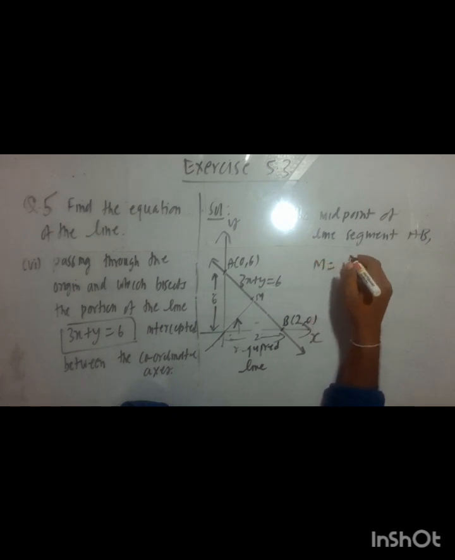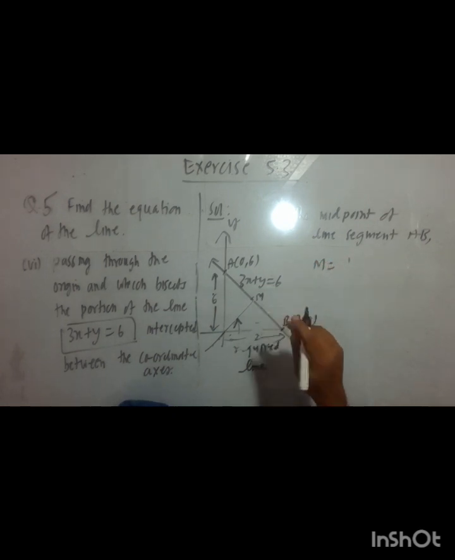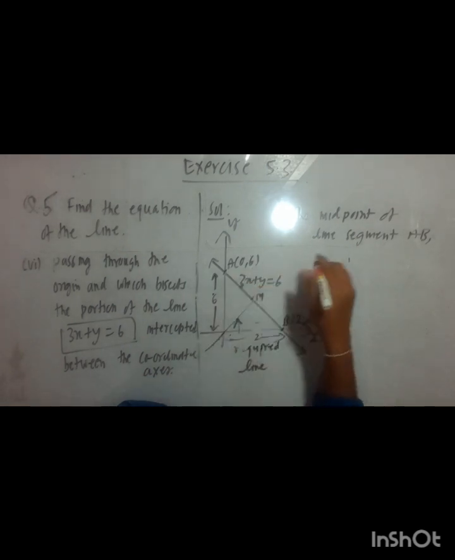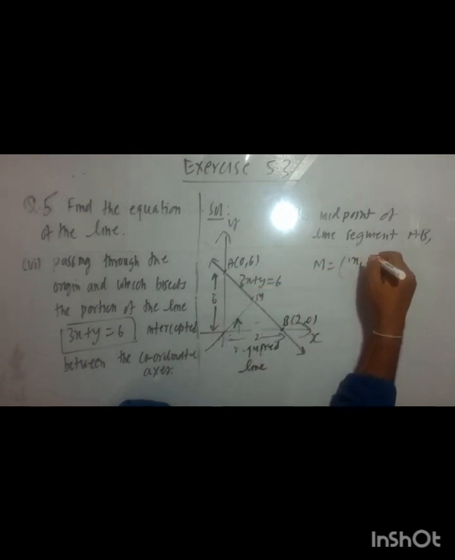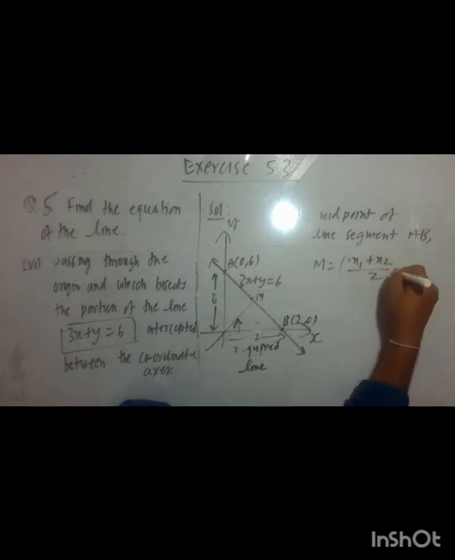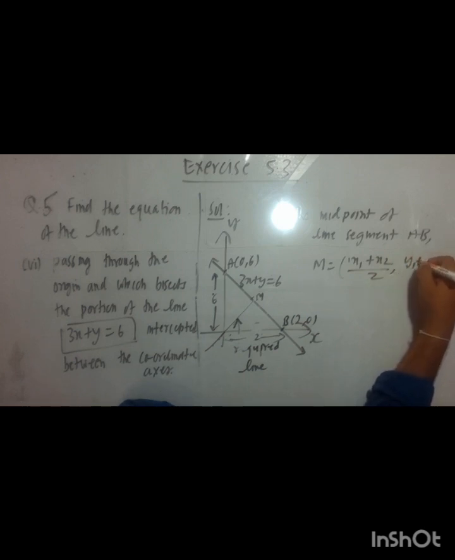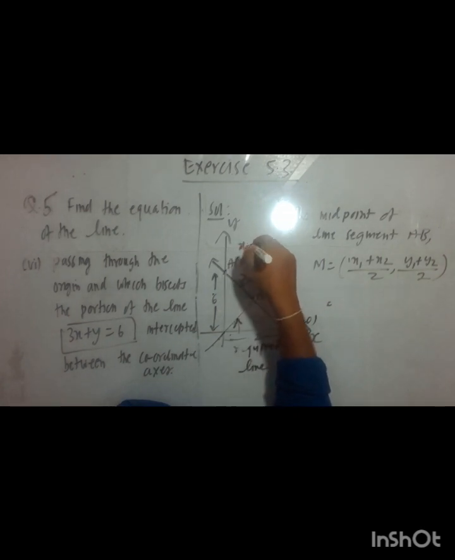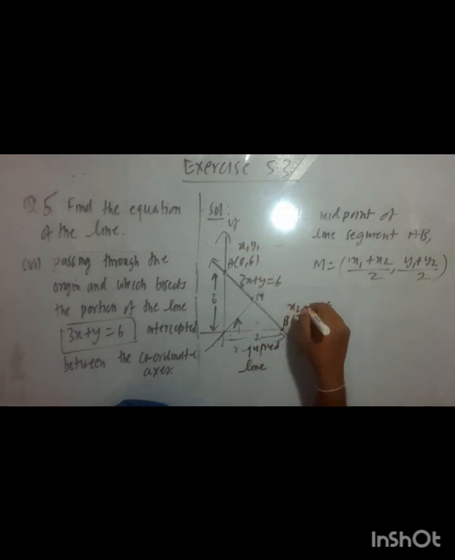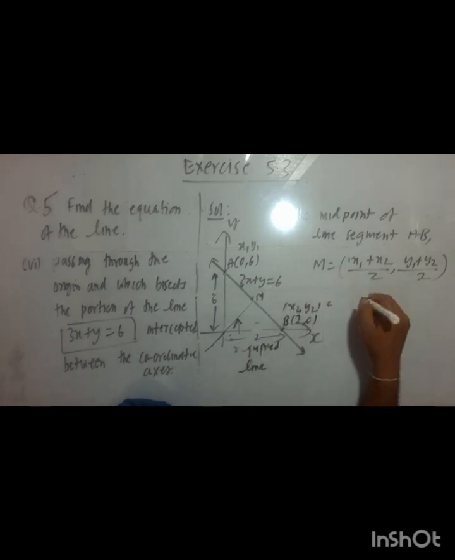The midpoint will be x1 plus x2 upon 2 and then y1 plus y2 upon 2. Now if this is x1 and this is y1 and this is x2 and this is y2. So what is x1? x1 is 0.